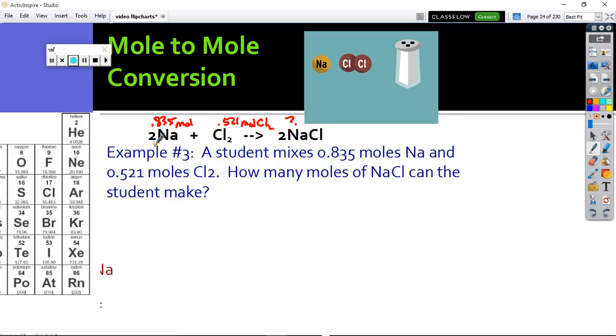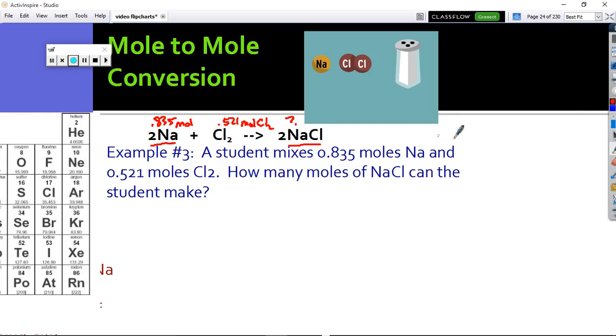So I'm going to have 2 moles Na to 2 moles NaCl, starting with 0.835, times, now the moles of Na has to go on the bottom of the next section so it can cancel. And looking at my conversion factor, what number goes with moles of Na?